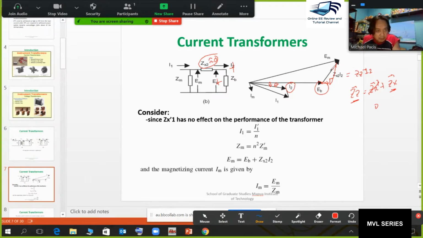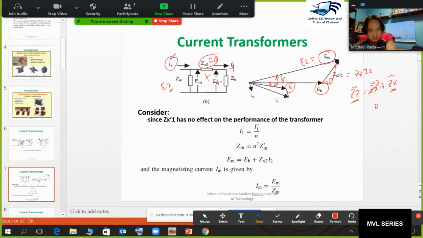This is your vector here. By adding EB and I ZX2, it will become EM, and it has an angle, for example, alpha. Definitely, your EM here is also the secondary side voltage of your transformer, because they're connected in parallel.